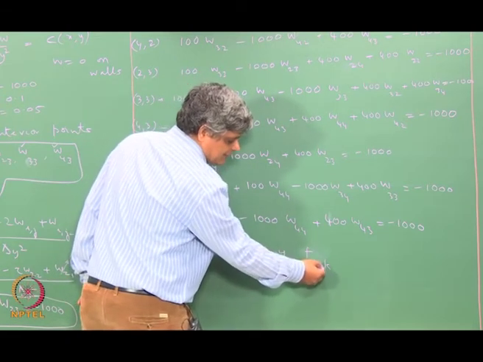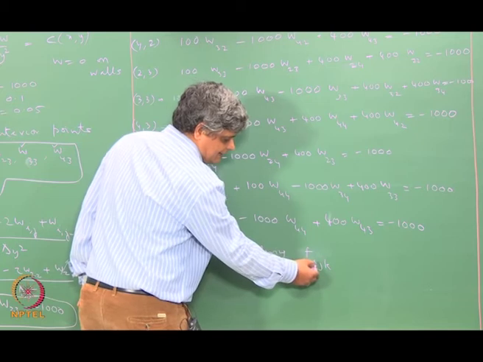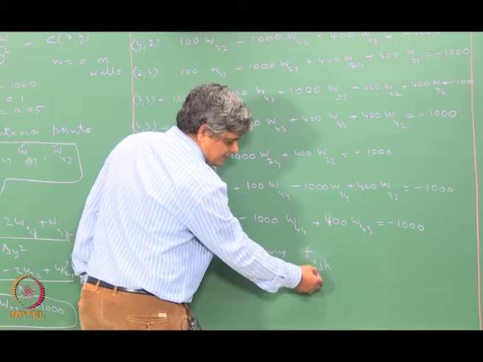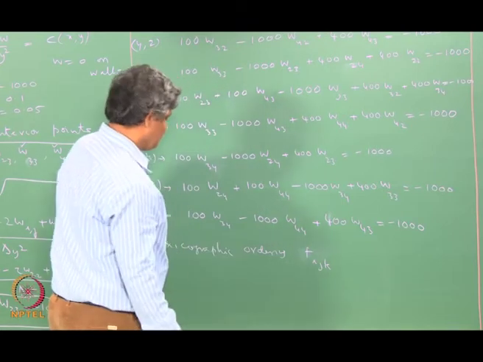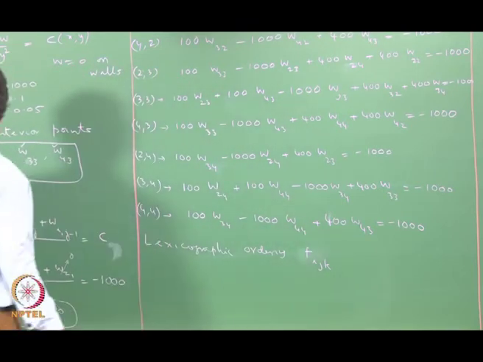i changes first, j and k are fixed, and once i is exhausted only then j changes, and then again i keeps changing like that. So let us try to see what we have.